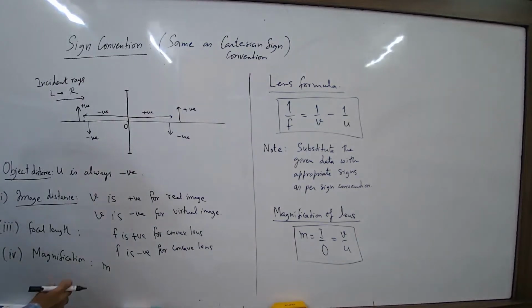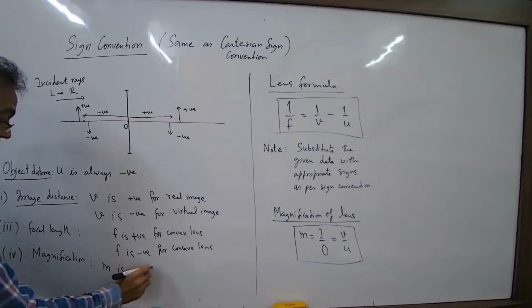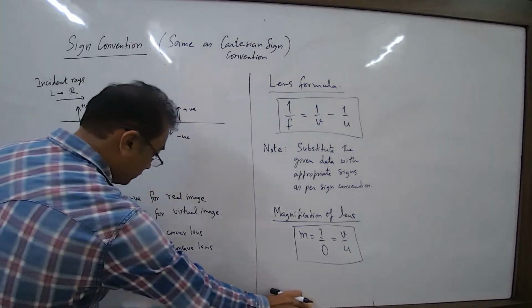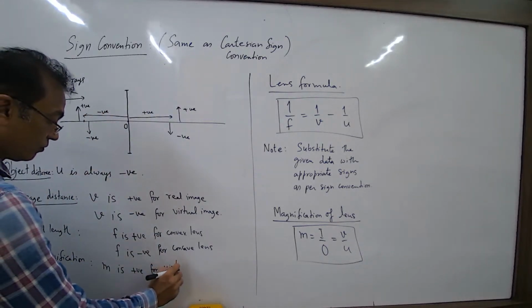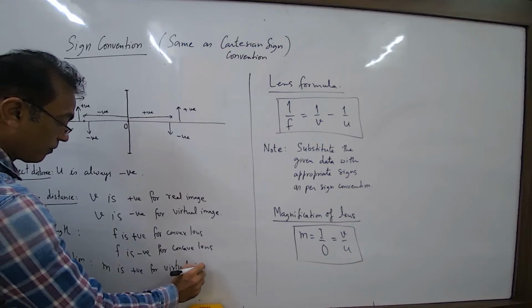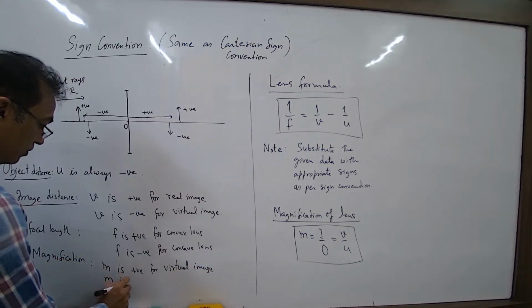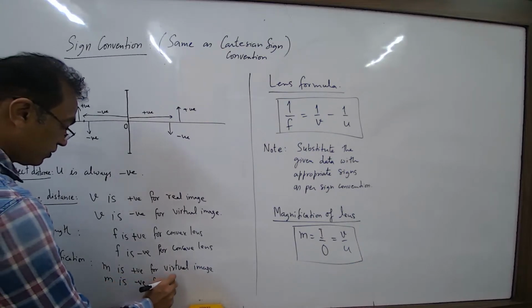Understood? So m is positive for a virtual image and negative for a real image.